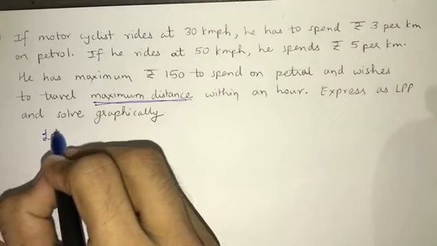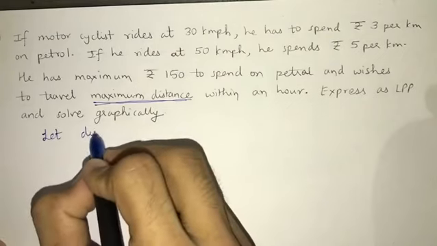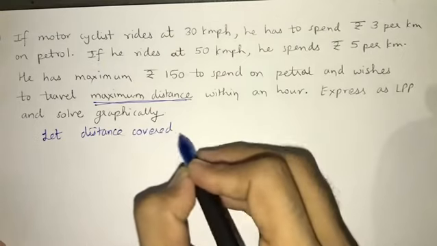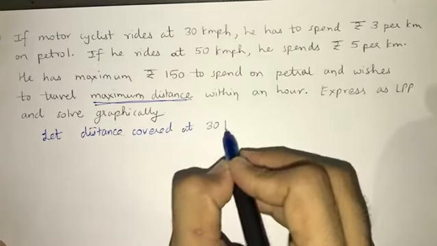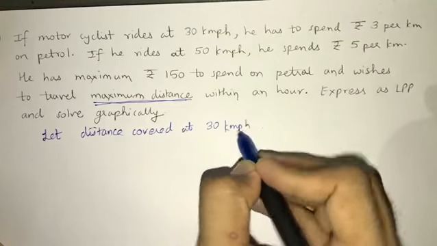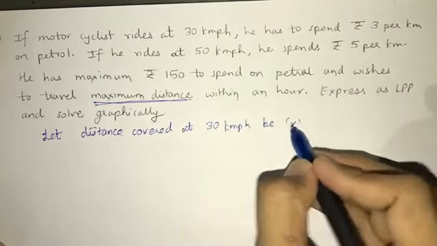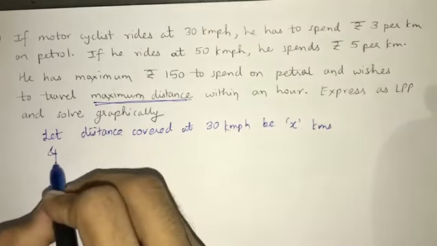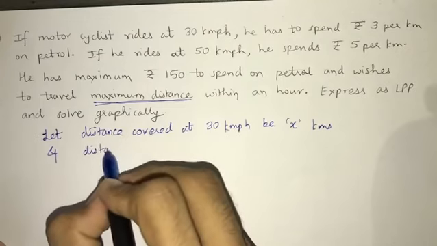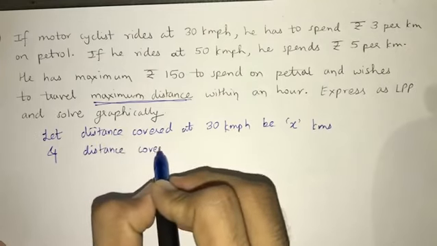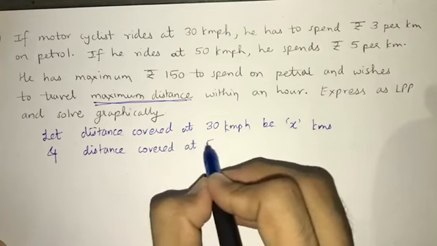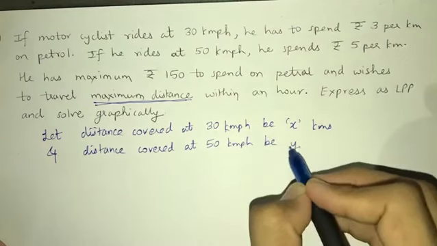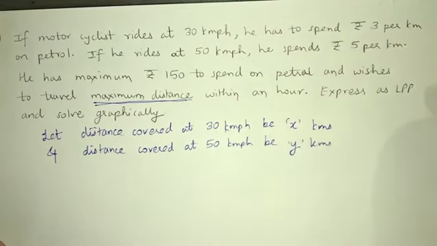So let the distance covered at 30 kilometers per hour be x kilometers and the distance covered at 50 kilometers per hour be y kilometers.